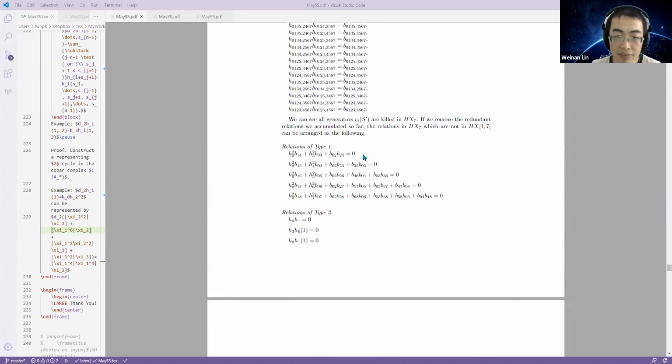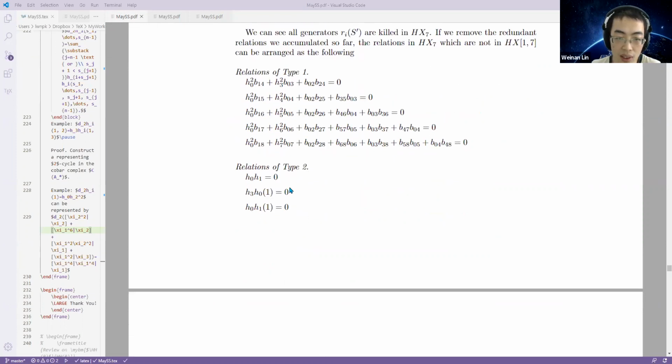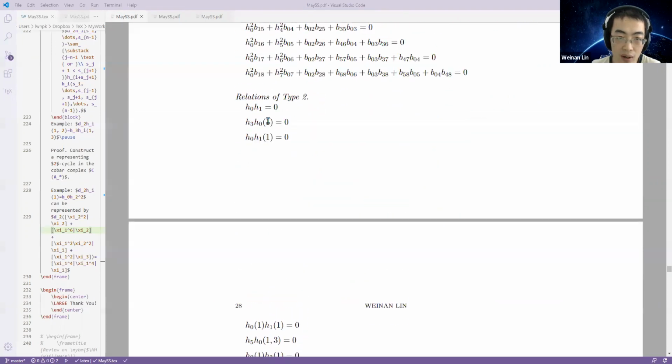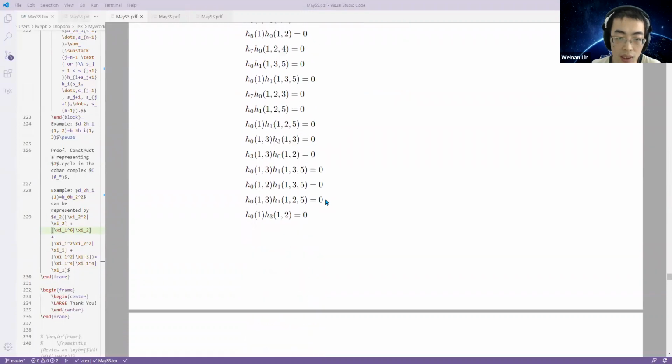Remember that I've classified the relations into different types. These are some of the relations. These are the relations of type 1, and these are the relations of type 2. They are all a product of two elements that becomes 0.